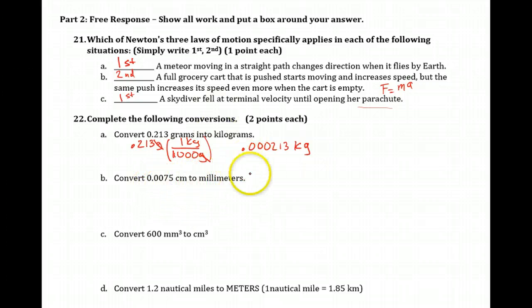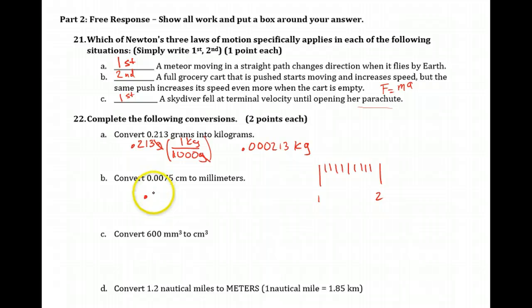Convert 75 centimeters to millimeters. A lot of people had a hard time knowing how many millimeters are in a centimeter. You know that centi is 1/100th, and a milli is 1/1000th. So the millimeter is 10 times smaller. You might also think back to a metric ruler where you have centimeters and then the millimeter tick marks in between, and you should know that there's 10 there.